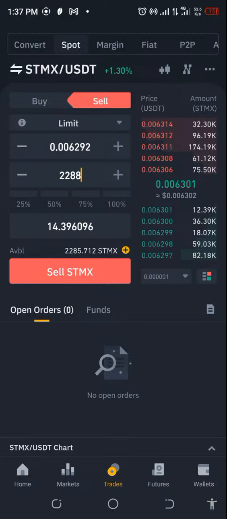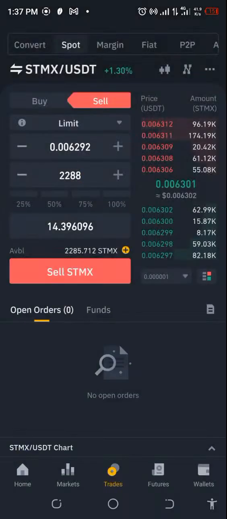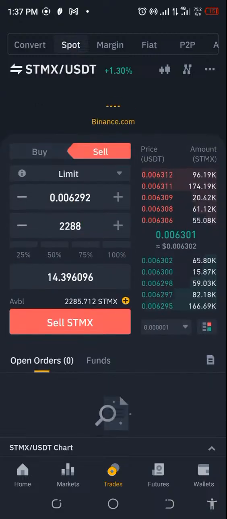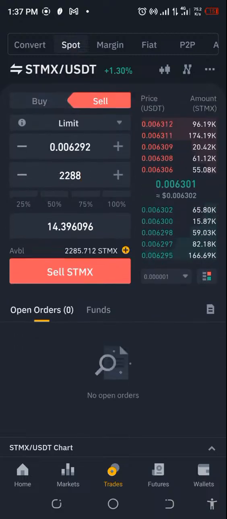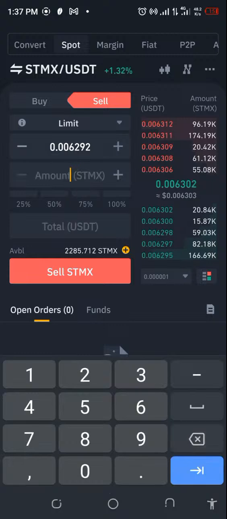Oh, sorry, I was clicking something else. So let's click on sell STMX. So what's happening? Increase balance. Why am I increasing my balance? Okay, let me try and do this again. Probably something has, let's just remove everything. Let's see whether this would work.